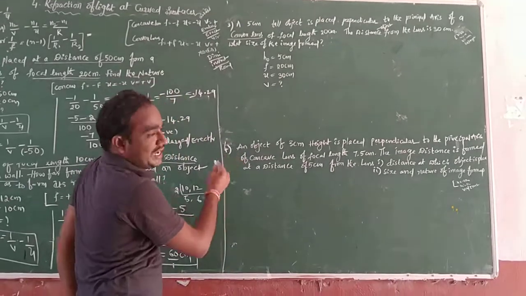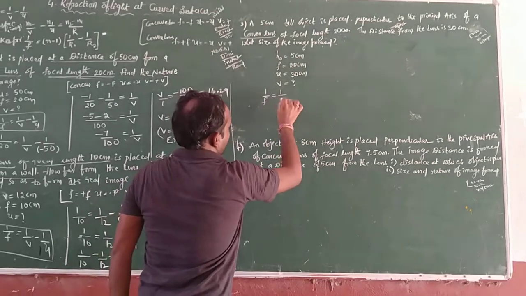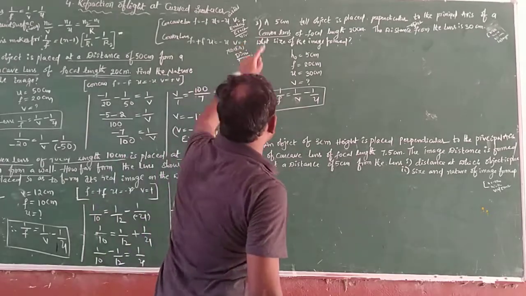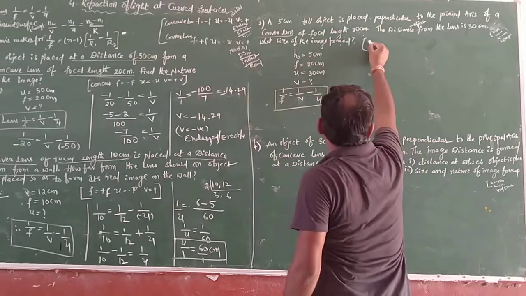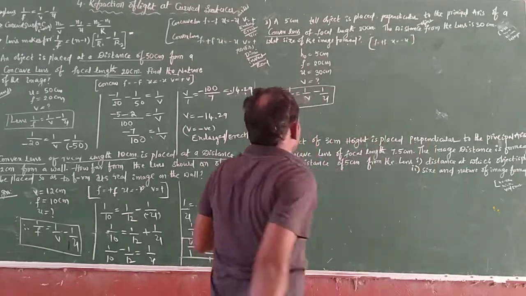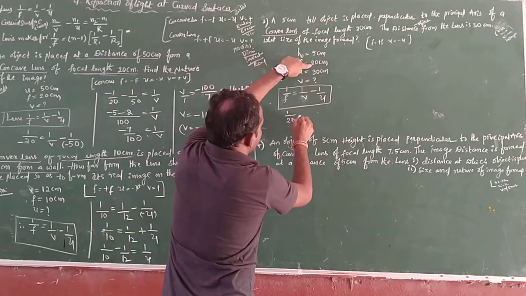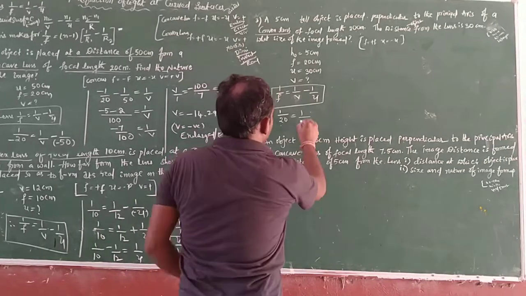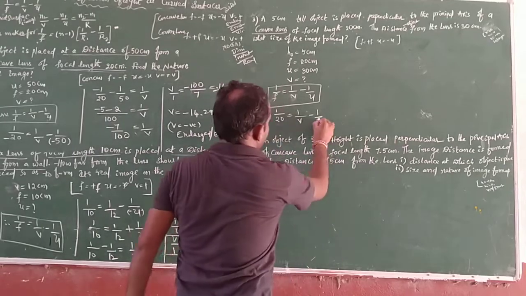We know the lens formula: 1/f = 1/v - 1/u. Which lens? Convex lens. Here we take the f value as plus and the u value as minus. Substituting, 1/f is 1/20, 1/v is what we need to find, and u is 30 centimeters.